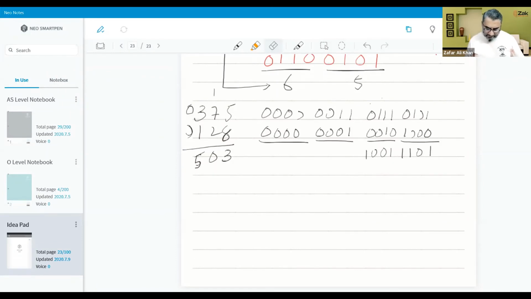There is no error. This is 9. 1 plus 0, 1, 1 plus 1, 2, 0, 1 and 1. 1 plus 1, 2, 1 carry, 1 plus 1, 2, 1 carry, no error.